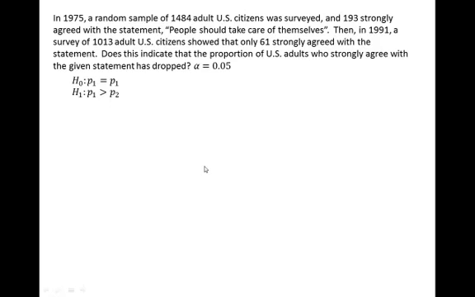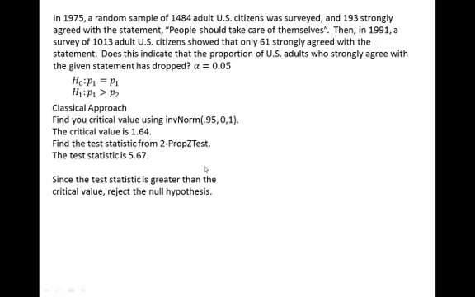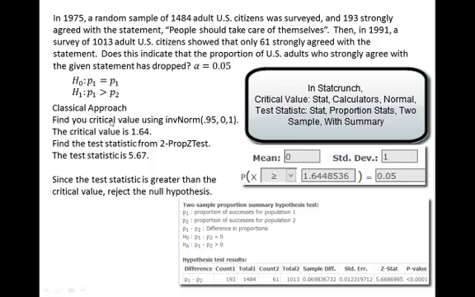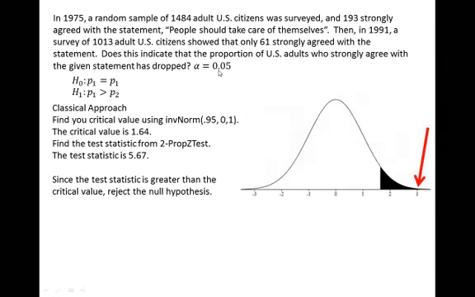If we do the classical approach, we find our critical value using inverse norm, because this is a proportion problem, and proportion problems always use inverse norm. Inverse norm takes area to the left. So since this is a right tail test, that means 5% of our data is on the right. And inverse norm takes area to the left, so everything that's on the left would be 1 minus 0.05, so 0.95.